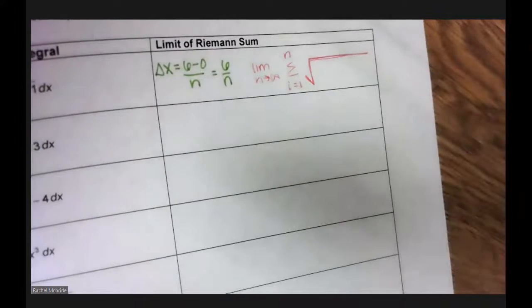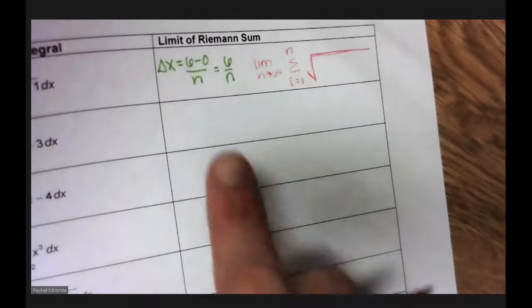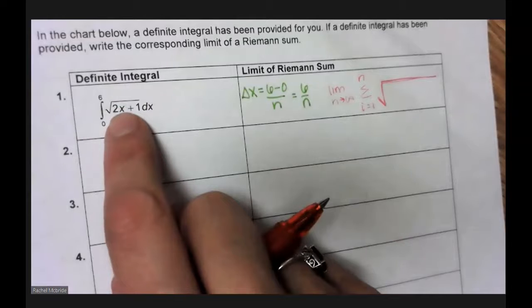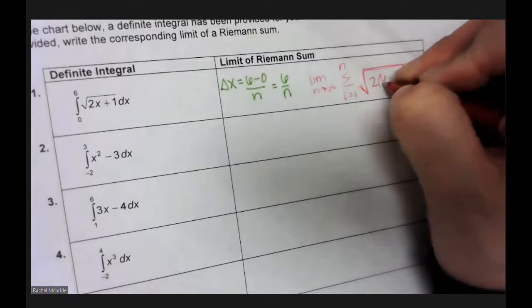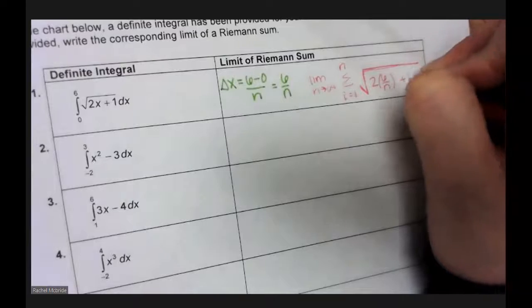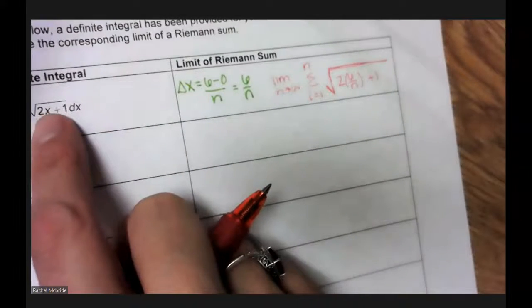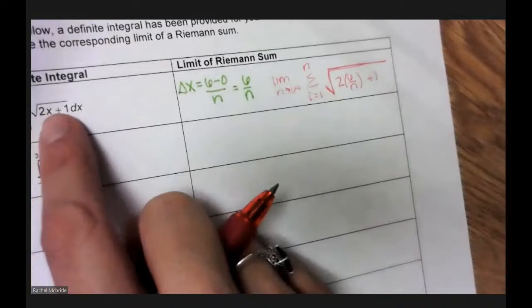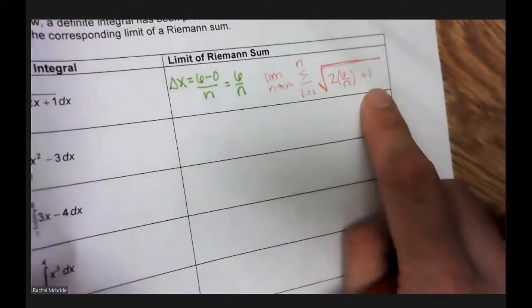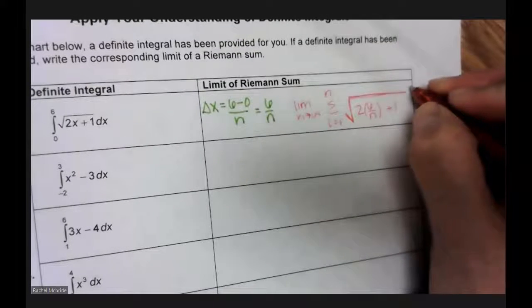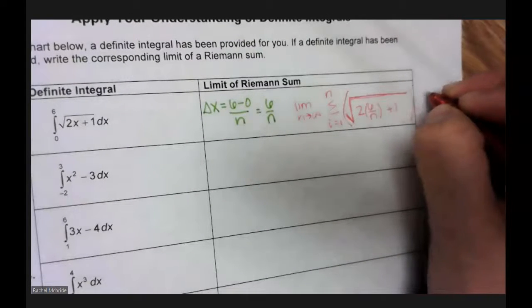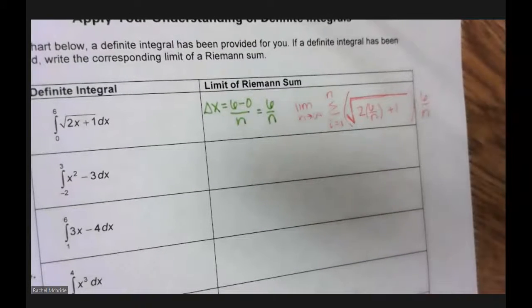So that a plus delta x i, this delta x here, is going in for x here. So it's going to be the square root of 6 over n plus 1. So that delta x is going in for my variable, and it's representative of the dx at the end of the integral. So this is also all multiplied by 6 over n.